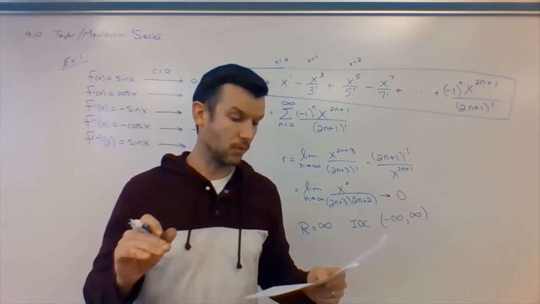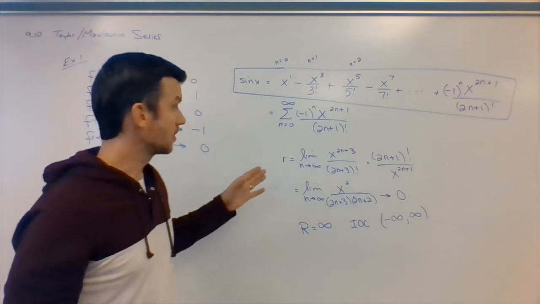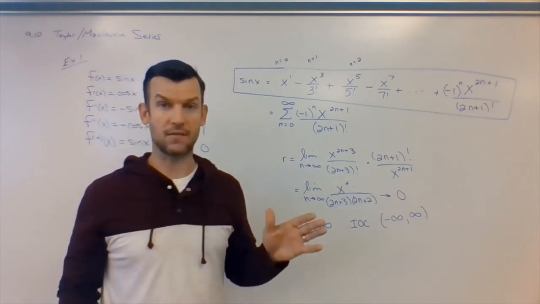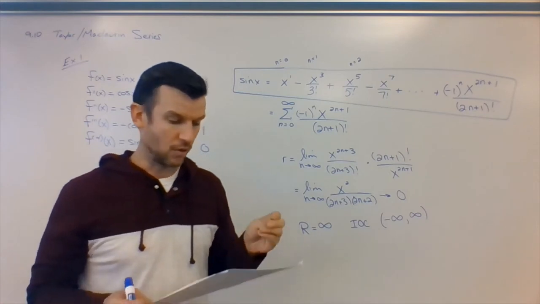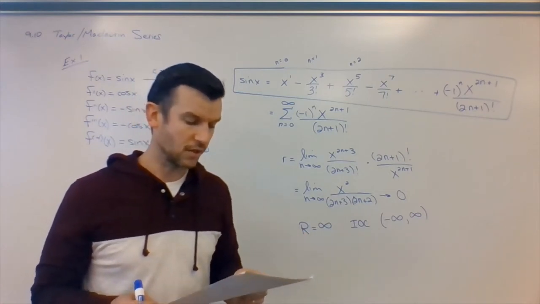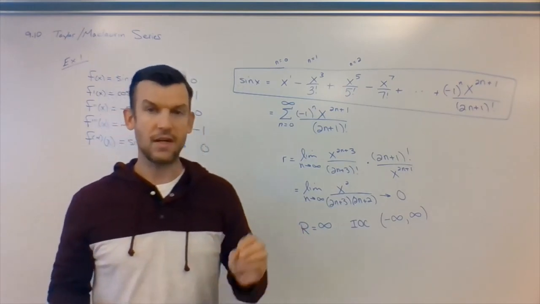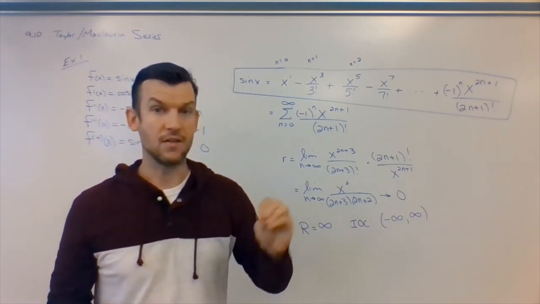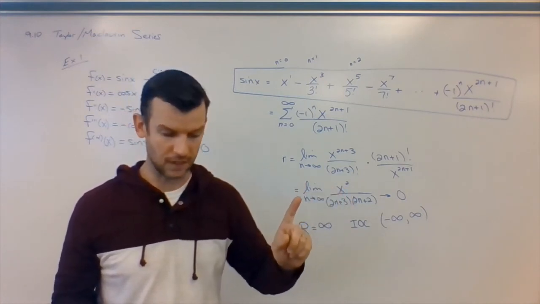Now the next example deals with the fact that this series does not approximate the function, it gives me the exact answer of the function. So this convergence of a Taylor series basically says that if the limit as n goes to infinity of the remainder is 0, that means the remainder is getting closer to 0 as you approach infinity.